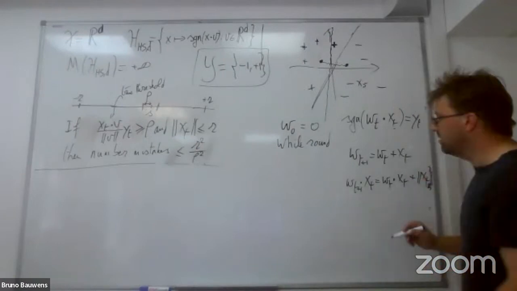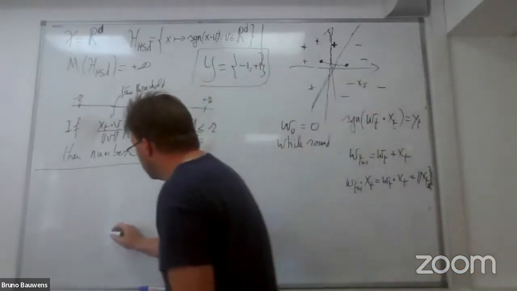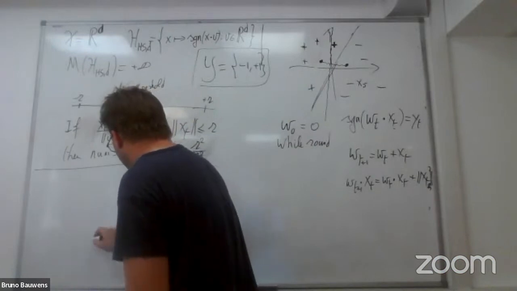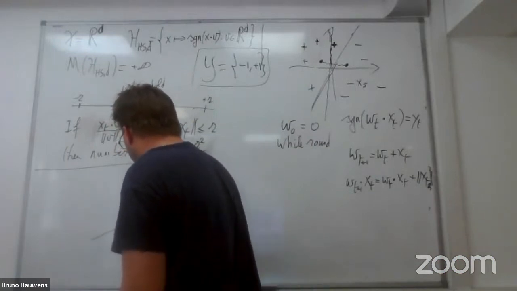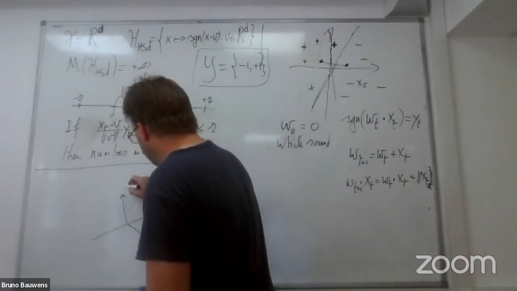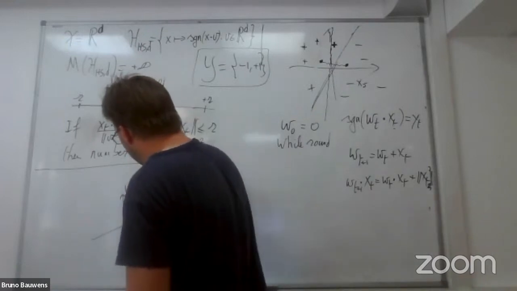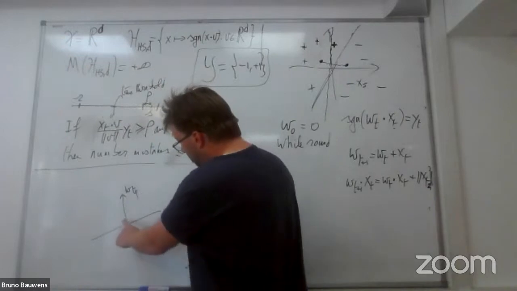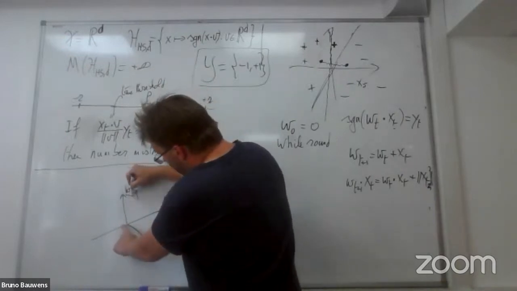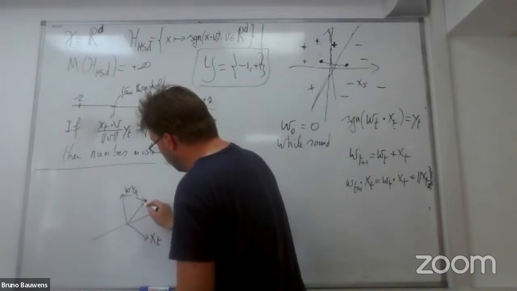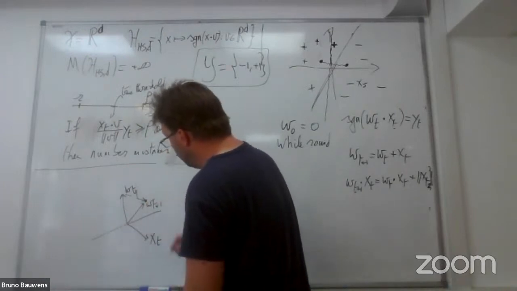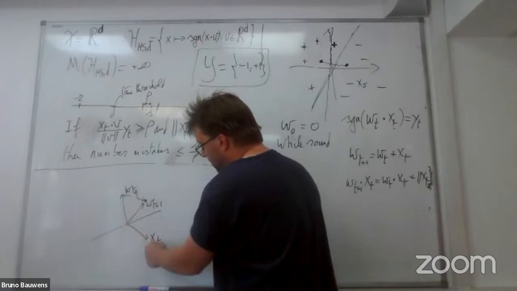Okay, I should show it in a picture, it's much easier. So we have a normal vector here, and imagine that there is a point that's wrongly classified, XT. Then what happens if we add XT here? Then we get a point here. So then we will have WT plus 1 more in the direction of XT.